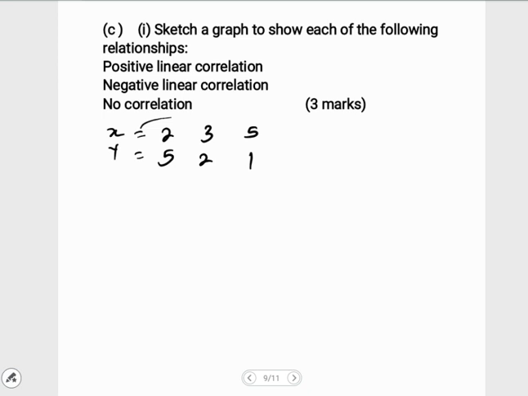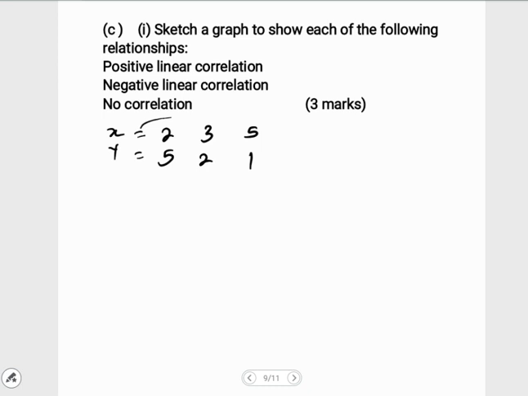For something like this, we say that they are negatively correlated because we have the increase in the variables, the scores under x, and the corresponding score under y is decreasing. When we have x increasing, y will be decreasing. So they are negatively correlated.